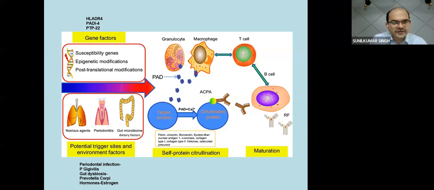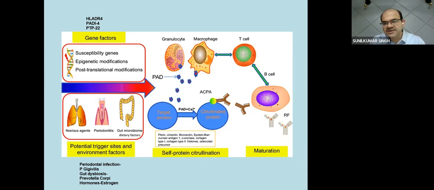So we have the gene, we have the environmental factor here. And now what is the best understanding in rheumatoid arthritis is the citrullination of proteins. And this happens through an enzyme, which you can see here, peptidyl arginine deiminases. And the target proteins get citrullinated. This citrullinated protein then becomes the target captured by the antigen presenting cells.